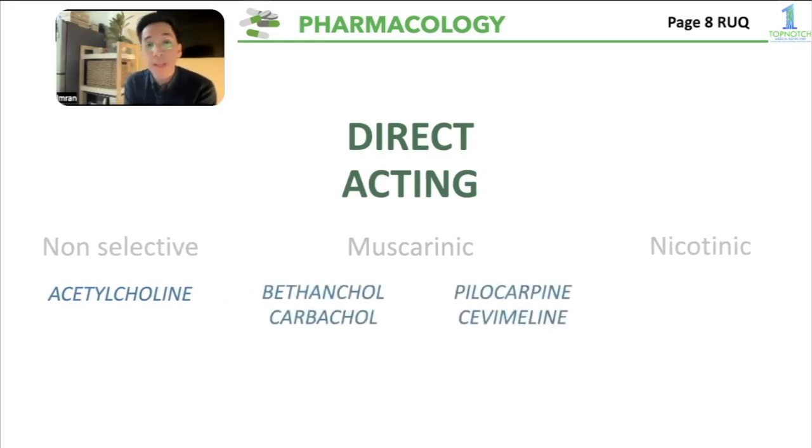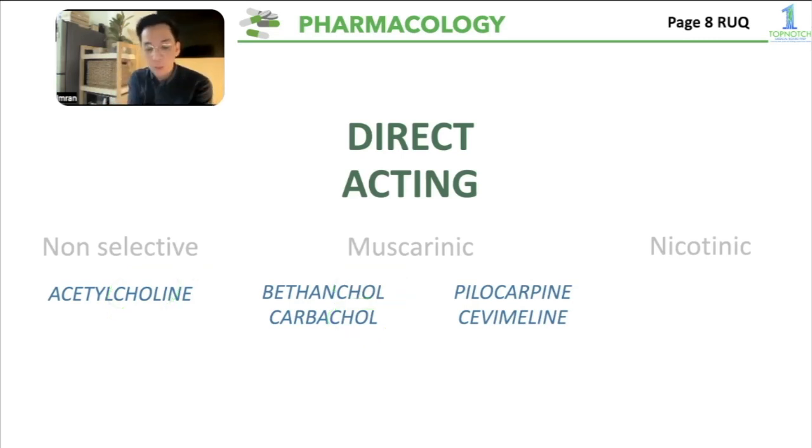Next, puntahan natin yung mga muscarinic selective. You have your bethanechol, pilocarpine, carbachol, and cevimeline. If you can see, lahat ng mga substances na related sa acetylcholine, they have chol in their name. So if narinig niyo yung chol sa pangalan, likely it's an agonist. Kamukha niya si acetylcholine. It's a cholinergic agonist, no?